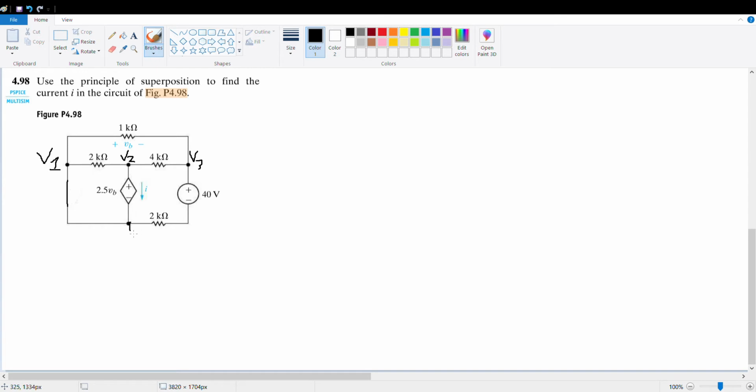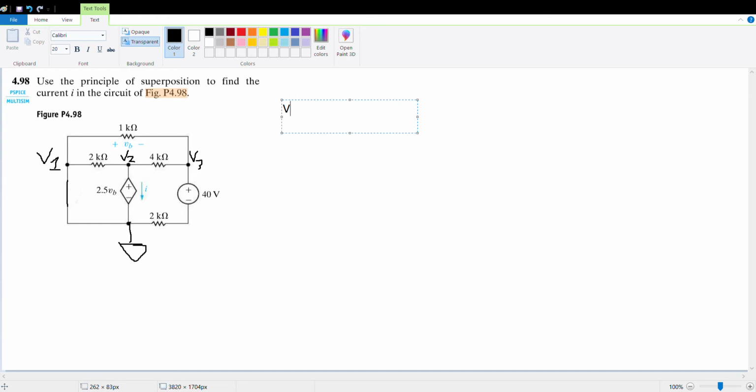We establish ground at this node, which in our case also converges to this node as there's no resistor in this branch. And we need to solve for VB, which is equal to V1 minus V3. Since we established ground at this node, V1 is equal to 0, so VB is equal to negative V3.